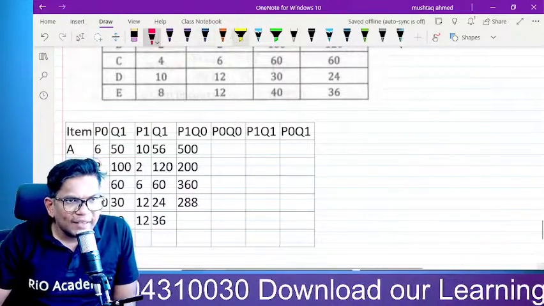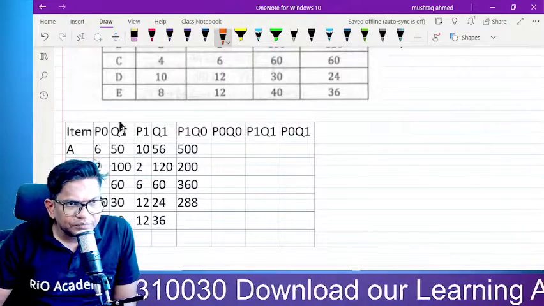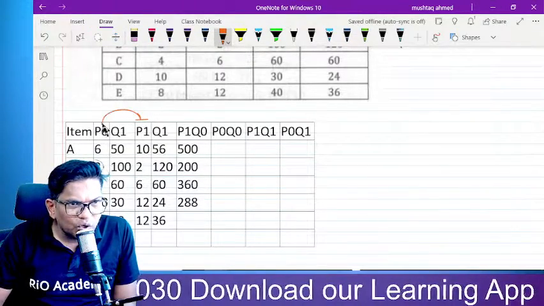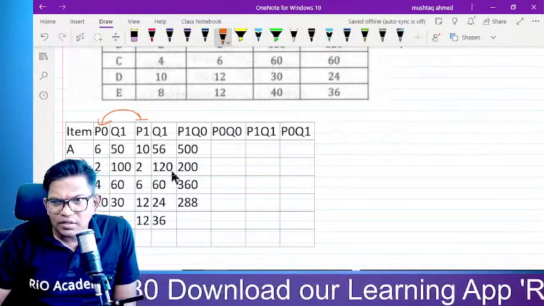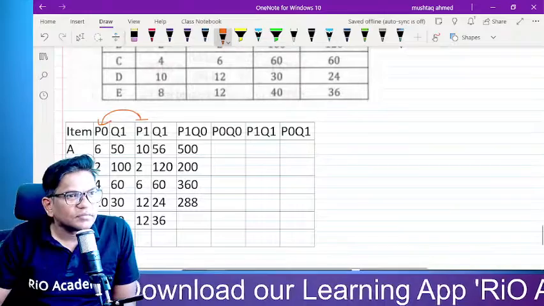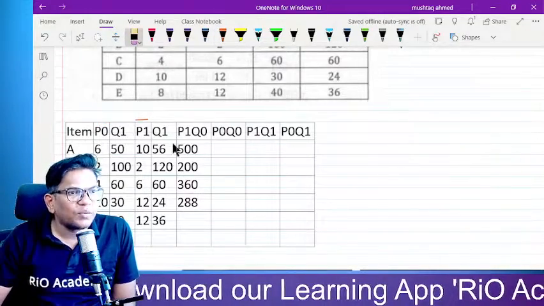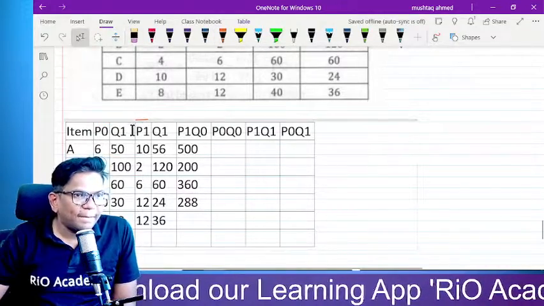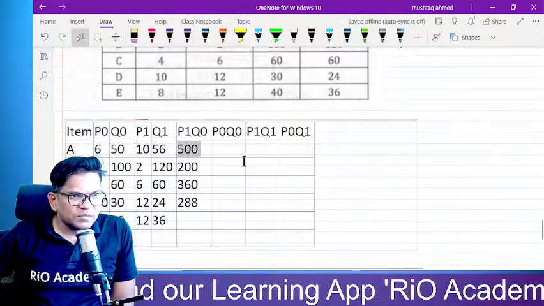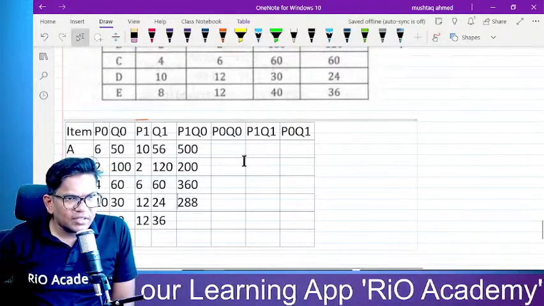See, P1 360, Q0, correct? P1 Q0. 200 and this 360.